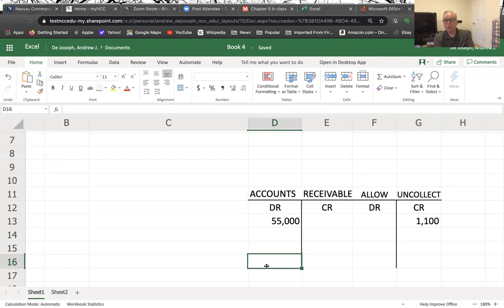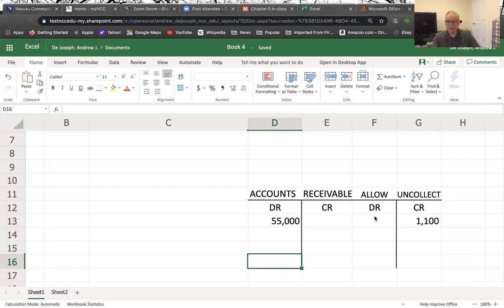All right? So we estimated last year. Remember, the credit side of this account represents the estimates, and the debit side of the account represents the actual. Remember, we saw that term write-off? When you write off an accounts receivable, you debit the allowance and you credit accounts receivable, right? Remember that from last week.